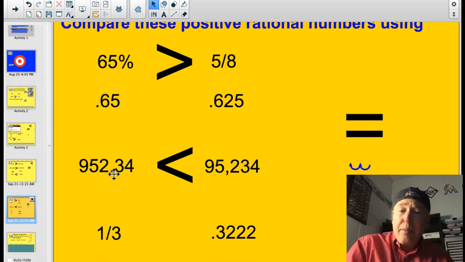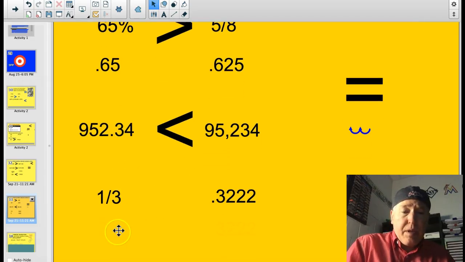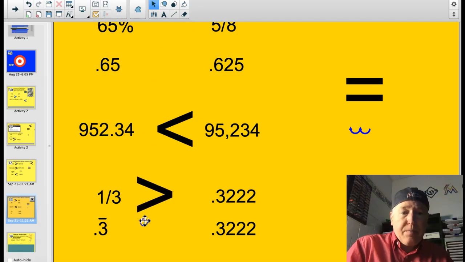If you read it as a comma, I'm not even sure how you would read that, but be careful of commas and decimal points. All right, this last one here, make these into decimals to compare them a little bit easier. This one is 0.333333, so it's really 33 cents. This one is 32 cents. This one is bigger. 1/3 is bigger.